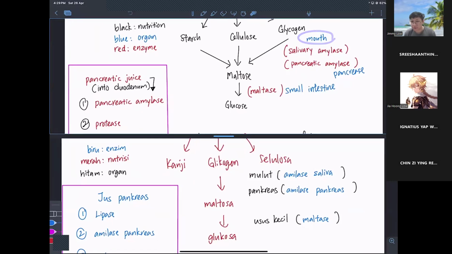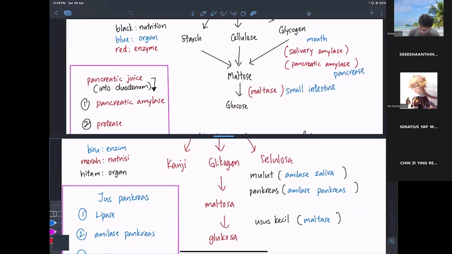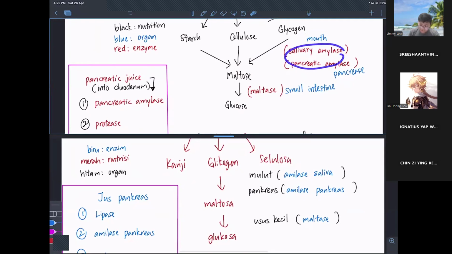When we digest starch, we are talking about 2 amylases: salivary amylase and pancreatic amylase, which come from your mouth and your pancreas. Mouth and pancreas are involved in digesting starch into maltose. Maltose is not the final form. Maltose has to be digested to glucose in your small intestine, by the enzyme called maltase.